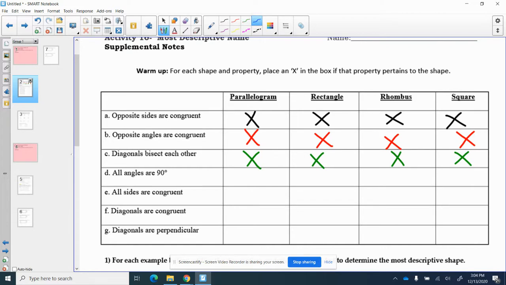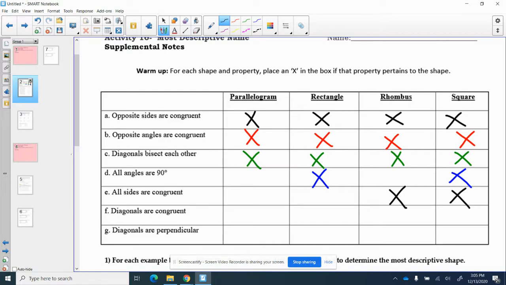And now for part D, we start looking at some specific properties that are a little bit different, because all angles are 90 degrees, not in a parallelogram necessarily, but for sure in a rectangle and a square. All sides are congruent, not necessarily in a parallelogram, but in a rhombus and a square specifically.